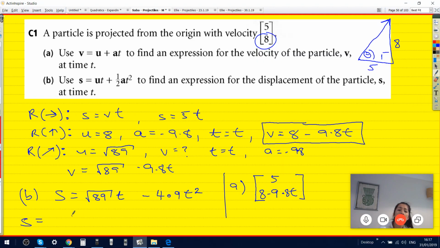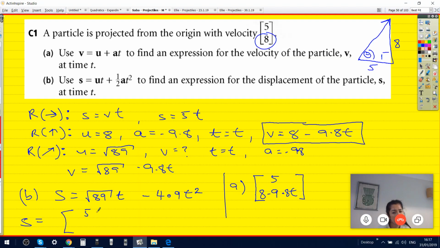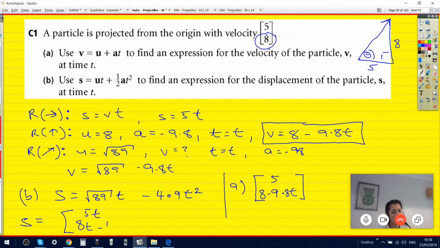They would leave Pythagoras until the very end, and then use it to get the full magnitude once you sub in t.